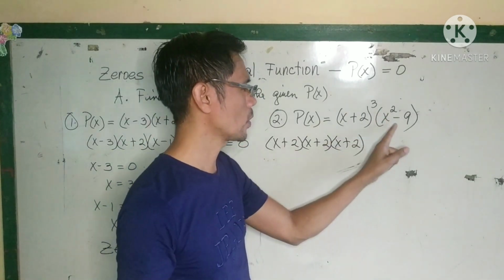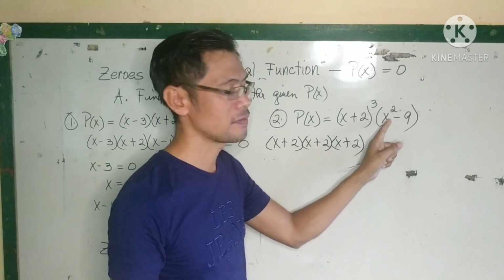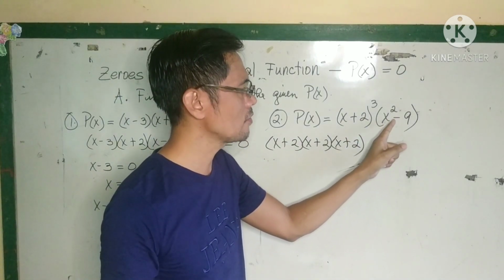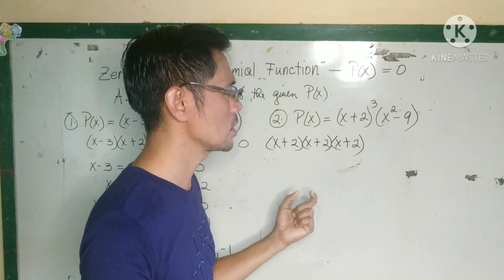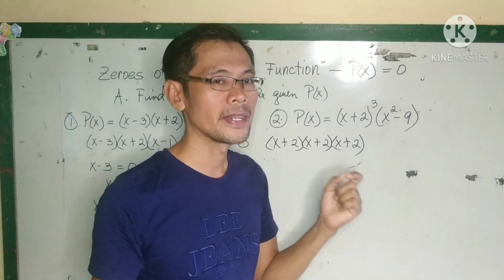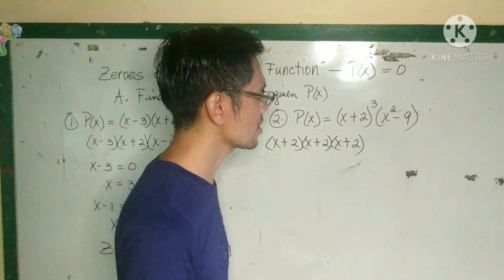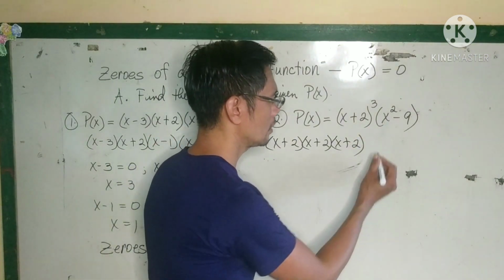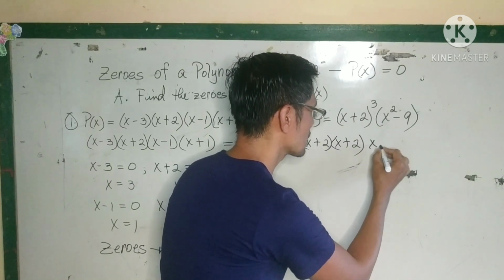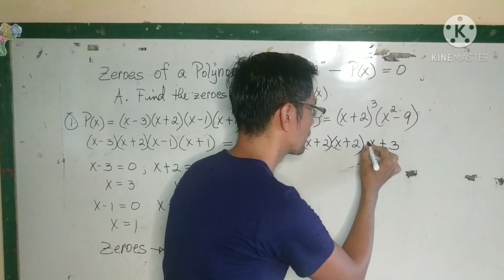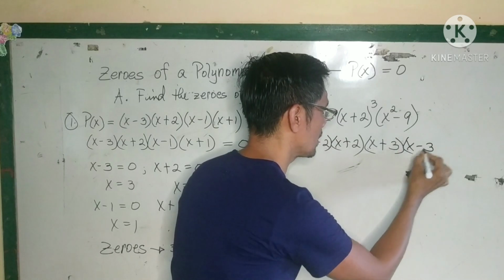And our x squared minus 9, if we may recall under factoring, is a difference of two squares. How do we factor a difference of two squares? That is simply the sum and difference of the square roots of the two quantities. So x squared minus 9 is simply x plus 3 times x minus 3.